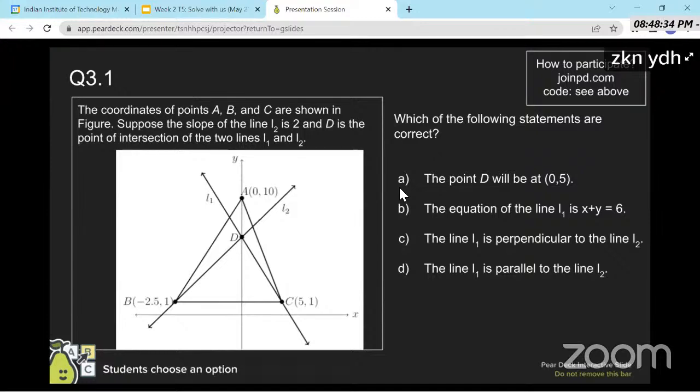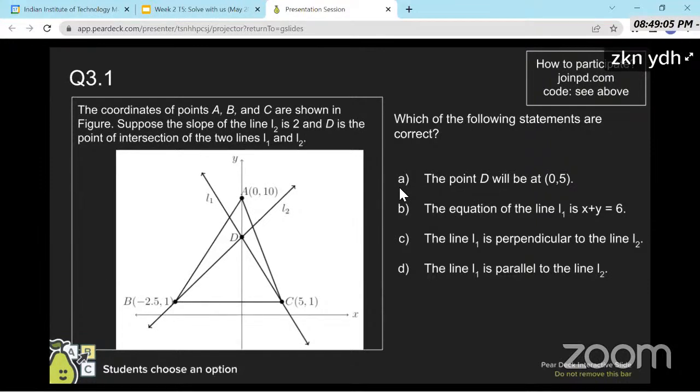We put in the formula m equal to y2 minus y1 divided by x2 minus x1 and get the y coordinate, so the point D is (0,5.5). You can do that as well. You can use the slope form and get the y coordinate of D.